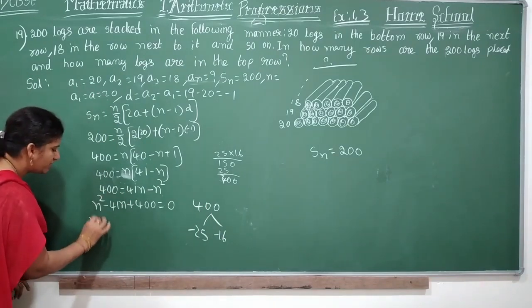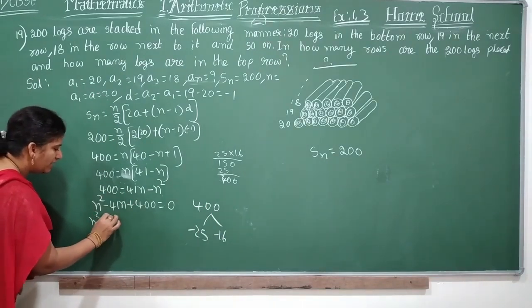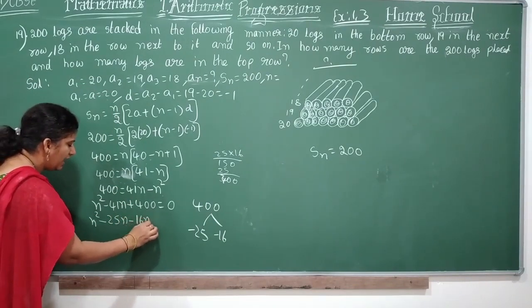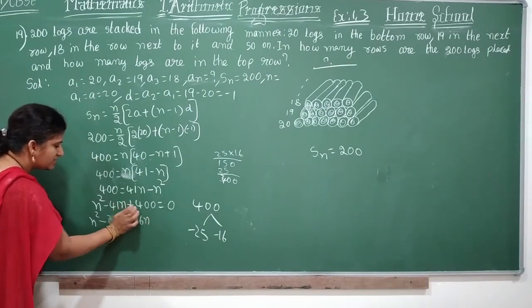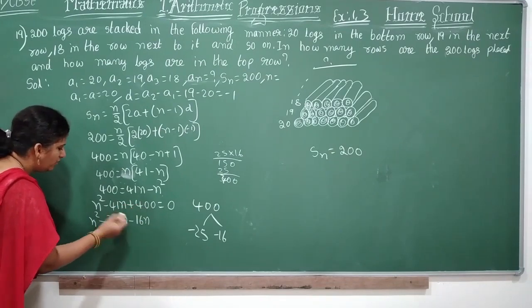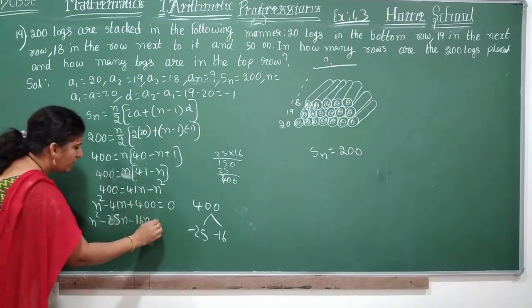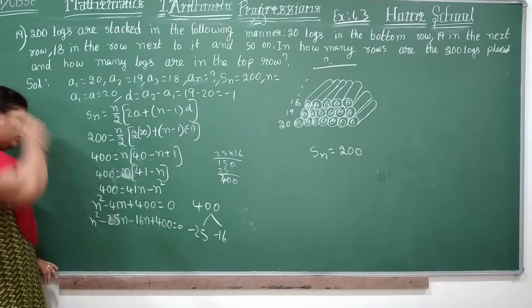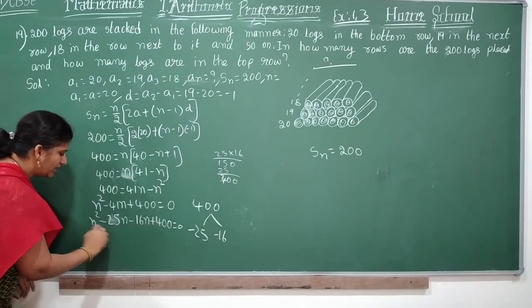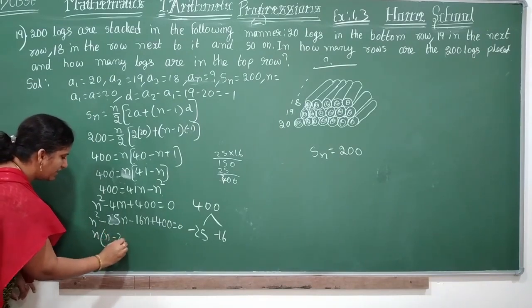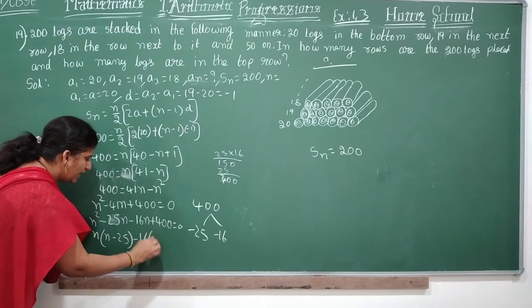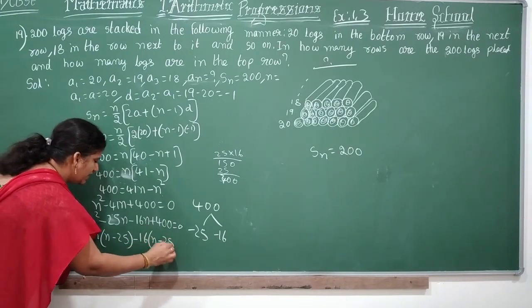So now let's factorize: N square minus 25N minus 16N plus 400. In the first two terms, N is common: N into N minus 25.